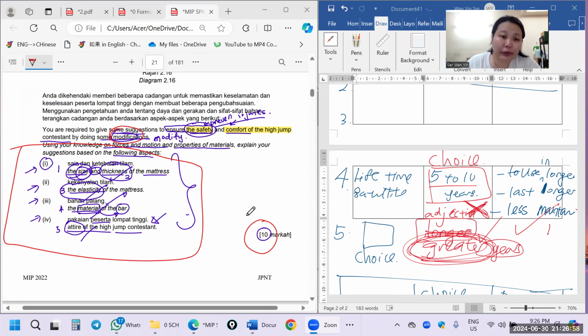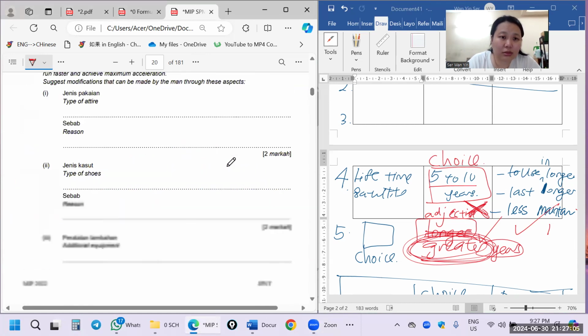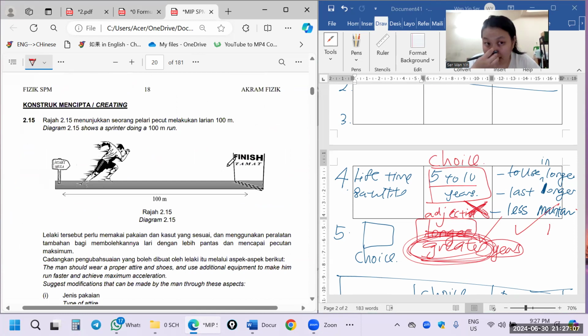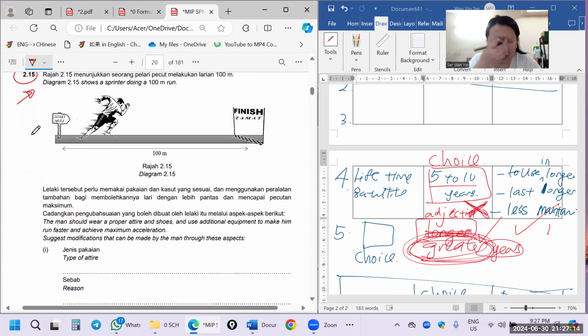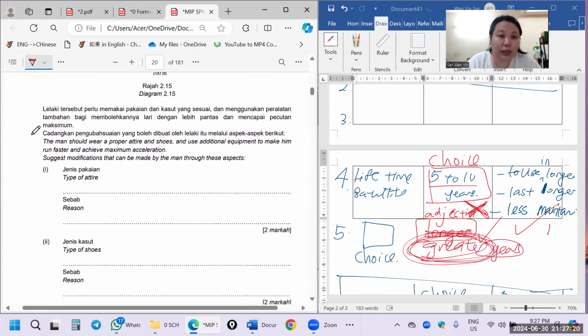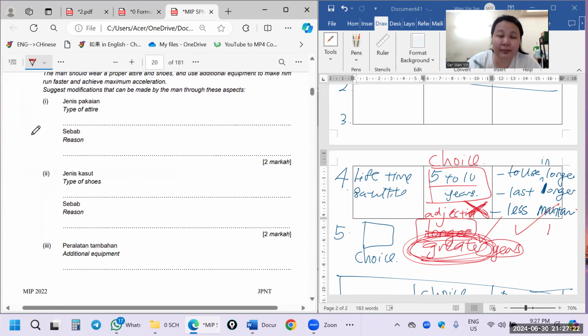If they show you number, you just write greater or lesser. How would 7 and 8 look like? Now, this is 7 and 8. Okay, so for example, our sports field, just finish, right? What's the type of the tire? So tire, white tire can reduce.